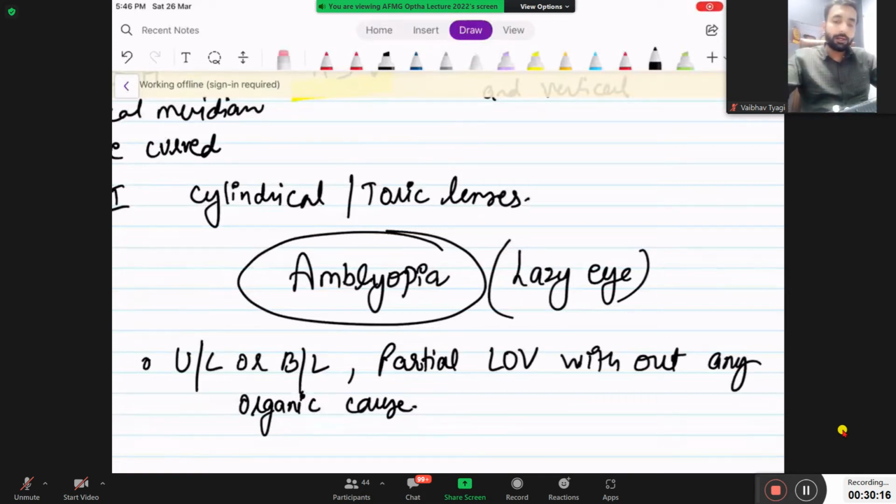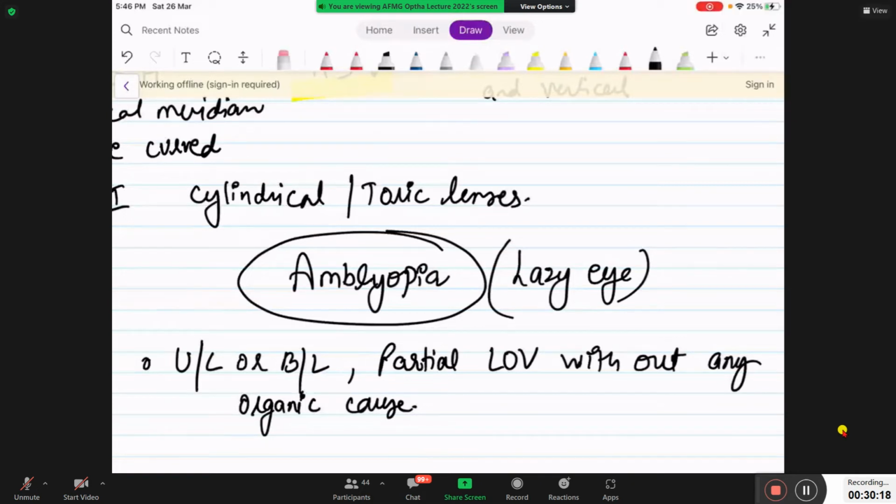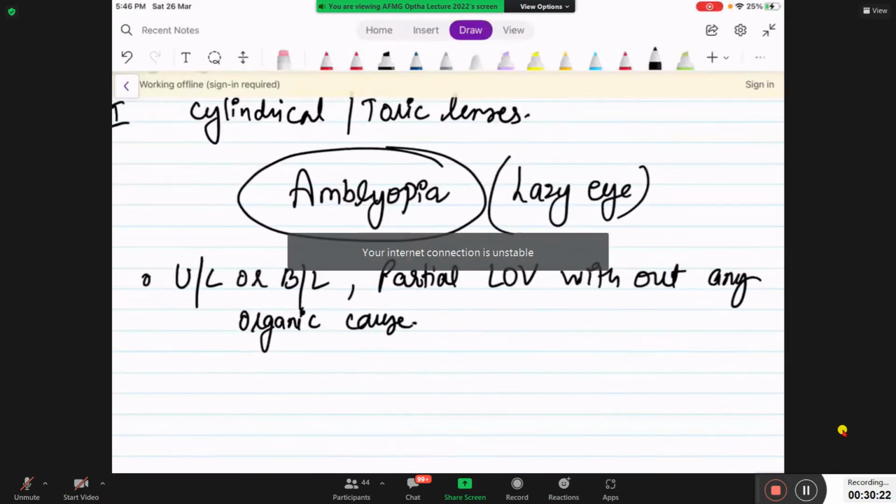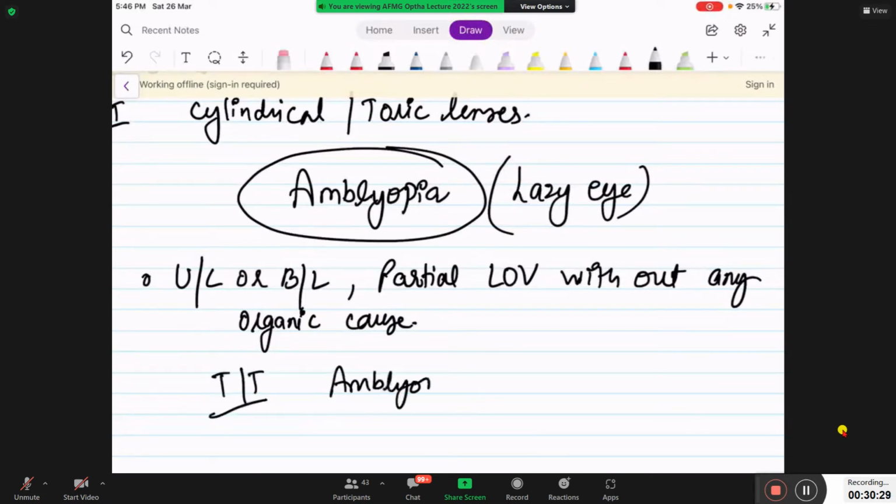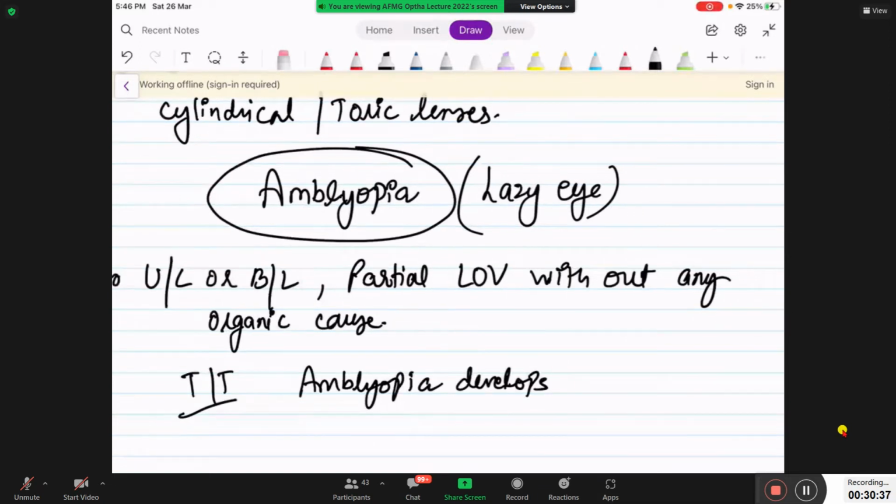Okay. Now write down amblyopia treatment. Amblyopia usually develops within 6 to 7 years of life.